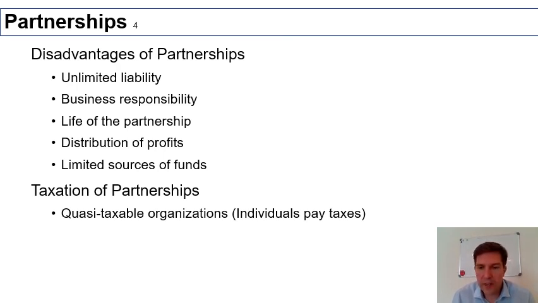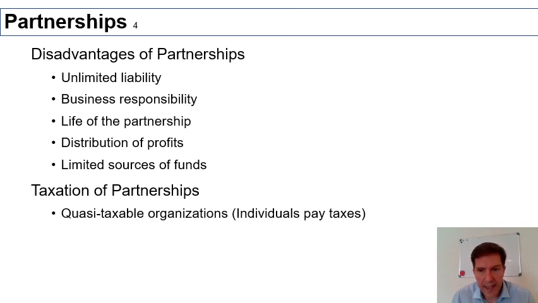Because if I leave and only one person is left in the partnership, it's not a partnership anymore. So you need to find somebody that is going to buy my share in the partnership and we need to agree to that. The other party needs to be okay with it. So this can create some difficulty of continuity, and also quitting the partnership can be a challenge and something that can end up in court.